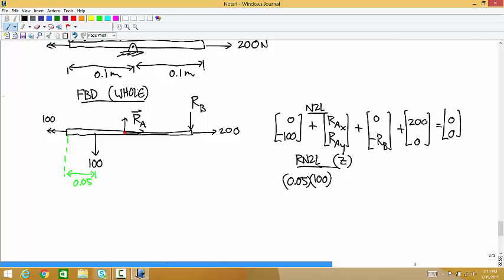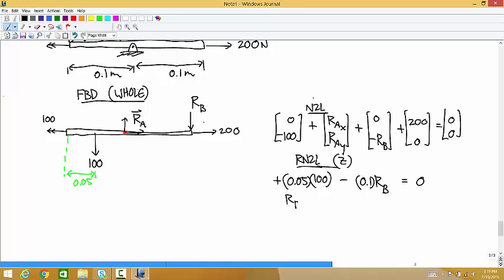And is that clockwise or counterclockwise? Counter, yep. And then the RB, what's its moment arm? Yeah, 0.1. And is that clockwise or counterclockwise? Clockwise, so that's minus, yep. And then what about the 200? Does that produce a moment about z? Nope, that's right, because the line of action goes right through the about point.